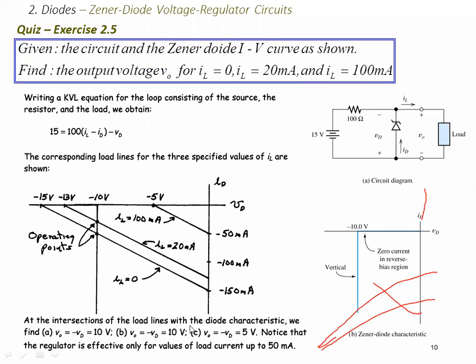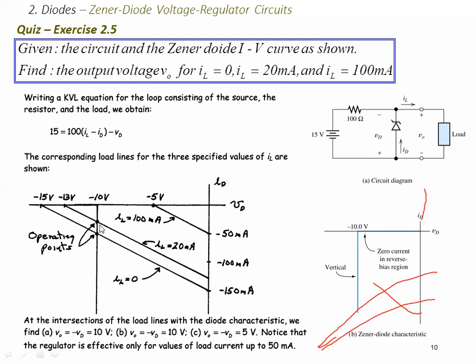So at the intersection of the load lines with the diode characteristics, we find V naught is equal to VD is equal to 10 volts, that point. Then V naught is equal to VD, which is equal to 10 volts. And V naught is equal to VD is equal to 5 volts. That is at the intersections of the load line with the diode characteristic curve.